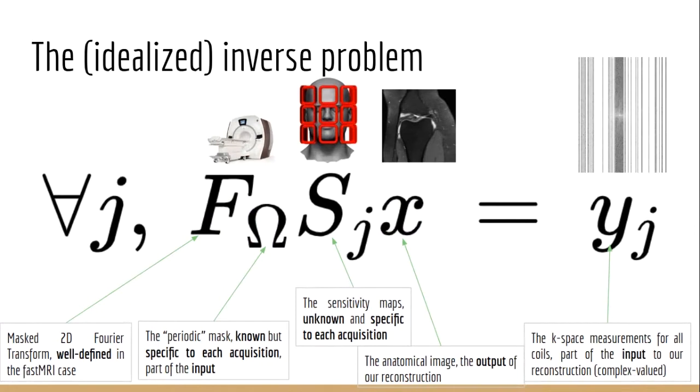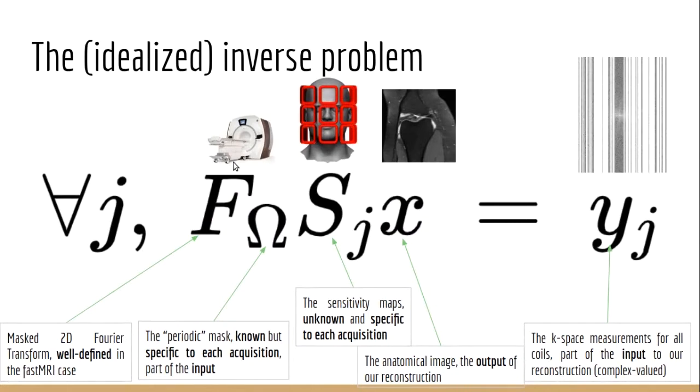And so this means that for each of these, we are going to have a measurement set. And basically, this S tells you how each receiver coil is sensitive to which region of the object, because this receiver coil, for example, is going to be much more sensitive to the signal coming from the top of the head compared to this other receiver coil, for example.